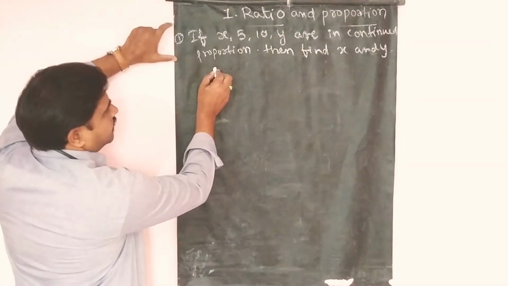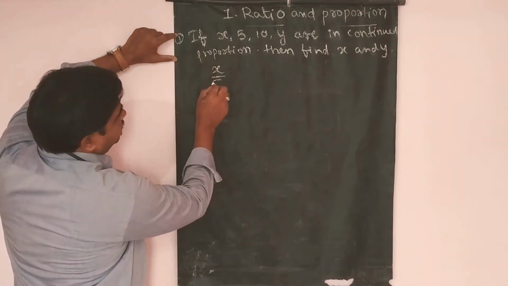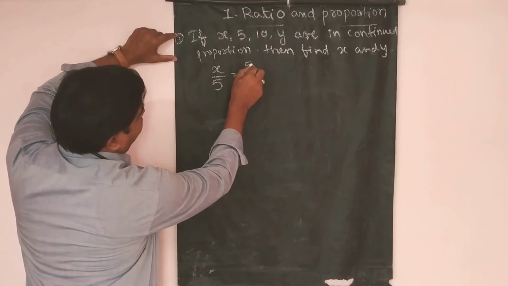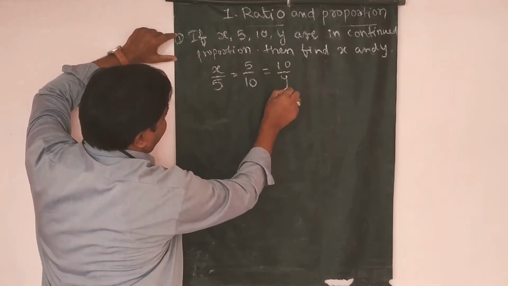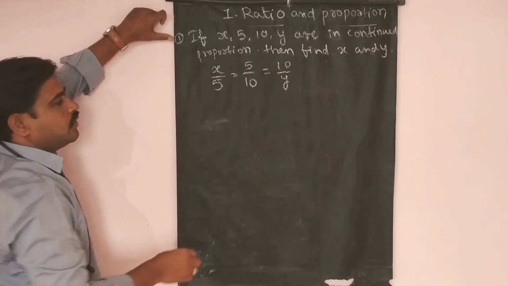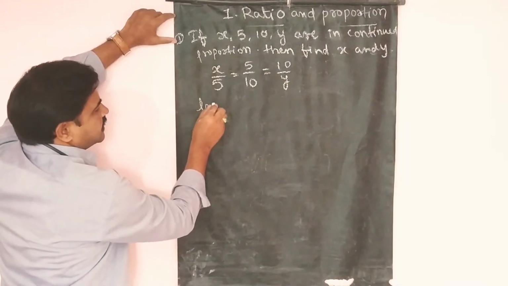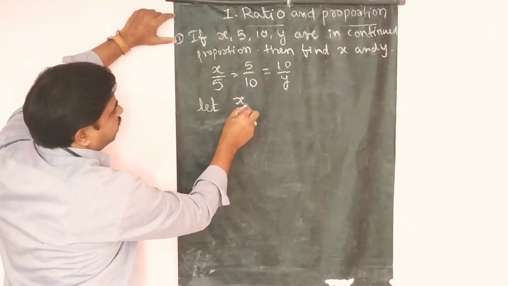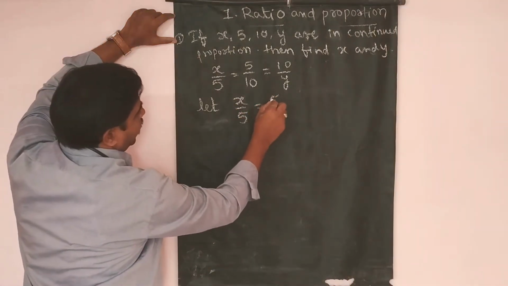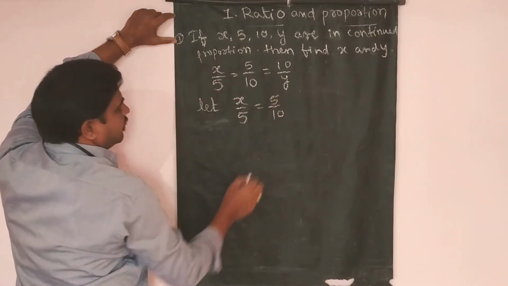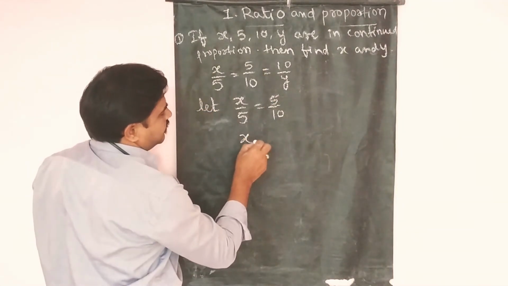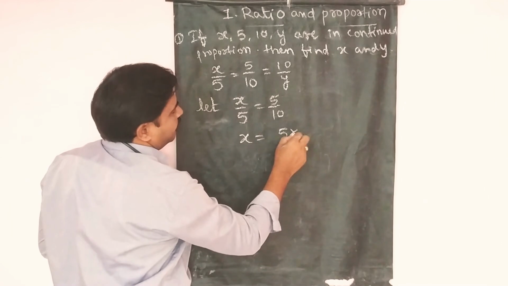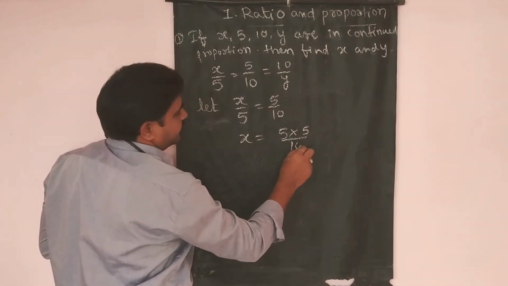We can write x by 5 equal to 5 by 10 equal to 10 by y. Considering x by 5 is equal to 5 by 10, we need to find the x value. Taking 5 to the RHS side, x is equal to 5 into 5 divided by 10.